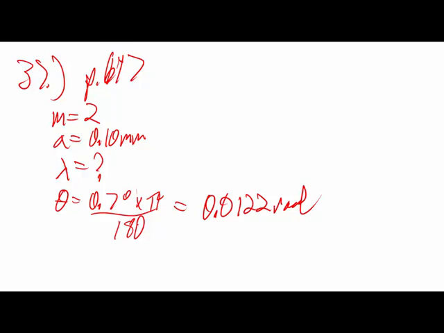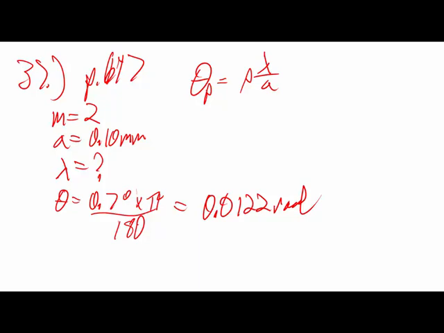So we know then that the angle in radians is equal to p times lambda, and p is the minima. That's how we measure minima, okay? Over a. And so we want to find theta, don't we?